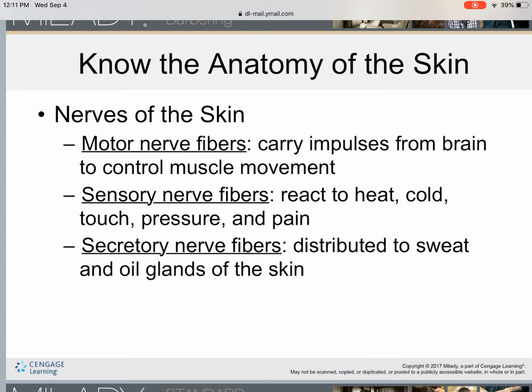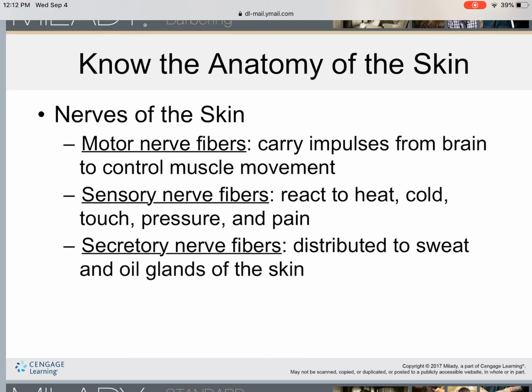Now, let's talk about nerves. Okay, for my anatomy students that have already taken the anatomy chapter, you guys already discussed motor, sensory, and maybe secretory nerves. Okay, motor, something that moves.